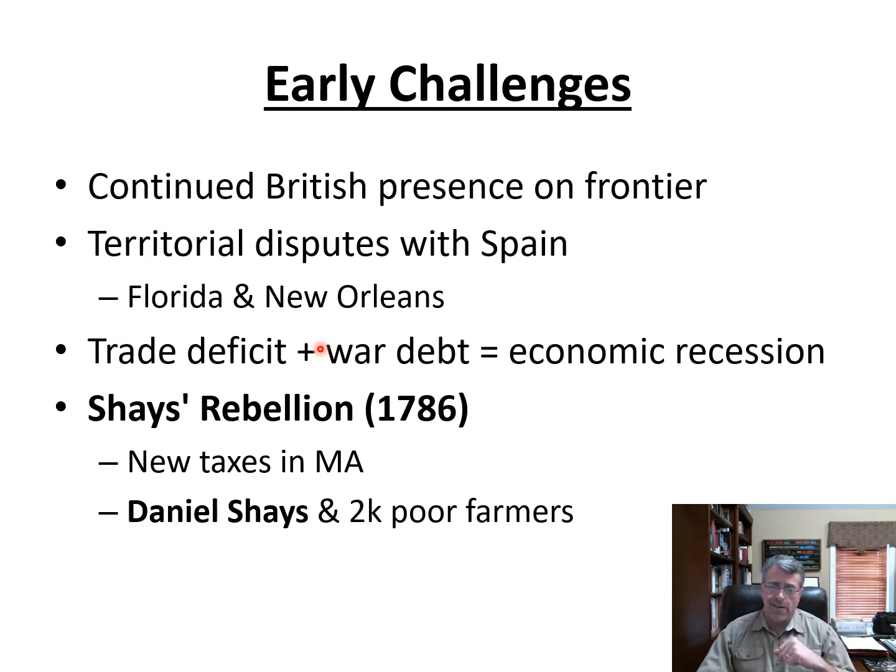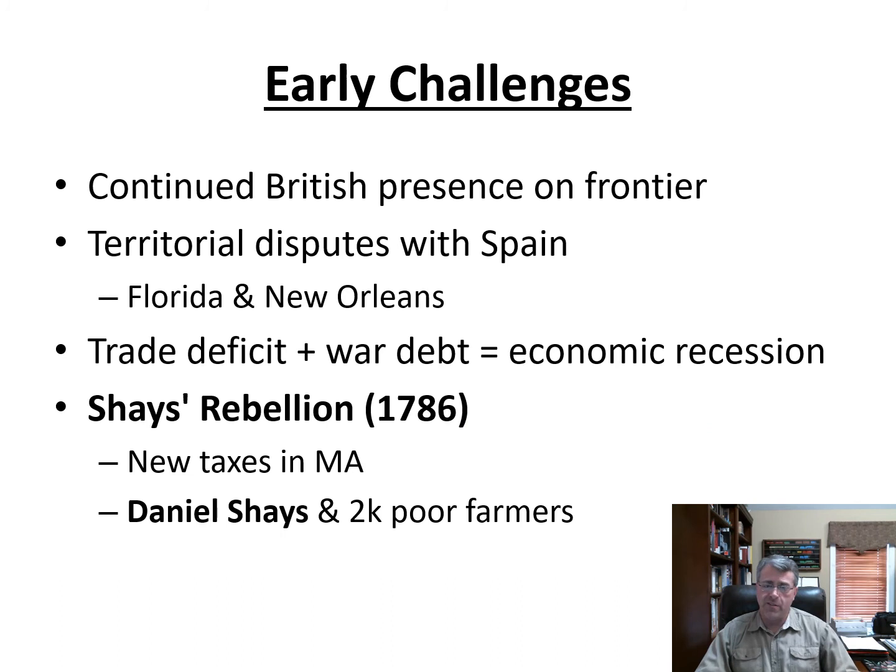Our economy is in shambles, and if this sort of thing like Shays' rebellion happens often enough, it could put our nation in serious jeopardy of collapsing because there's just no way to effectively deal with these types of crises because our federal government is so weak. It has no power or authority to deal with any of these things.